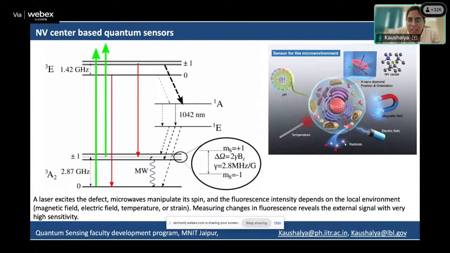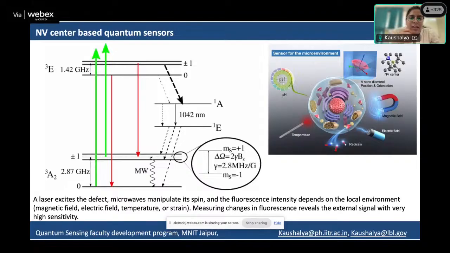That leads to a single spin with the NV center. Because we know that electrons and photons are quantum mechanical systems, we can play around with the spin state. We can tune the spin state, and we can realize different quantum applications.